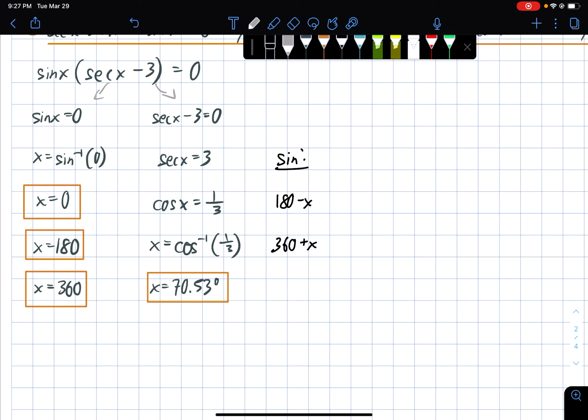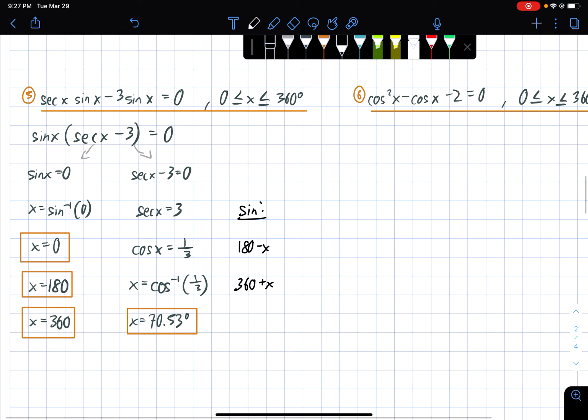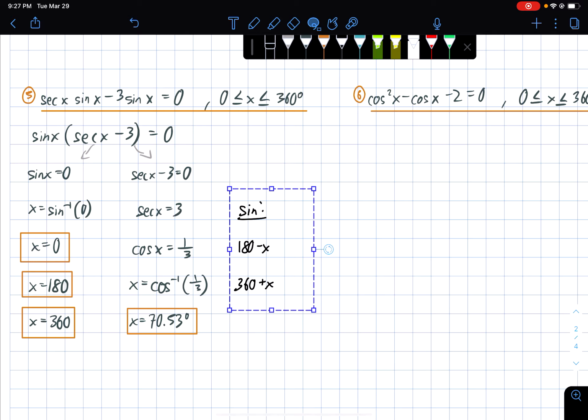180 minus 70.53, x is equal to, oh yeah, by the way, I apologize, what I recently said is wrong. When it comes to cosine, there is a different rule.